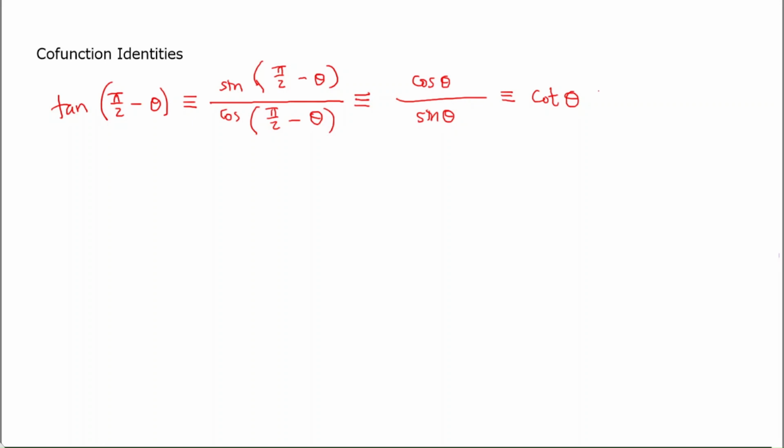So what I would challenge you to do now is to see if you can use the cofunction identities for sine, cosine, and tangent that we have already proved to derive a cofunction identity for cotangent, for secant, and for cosecant.